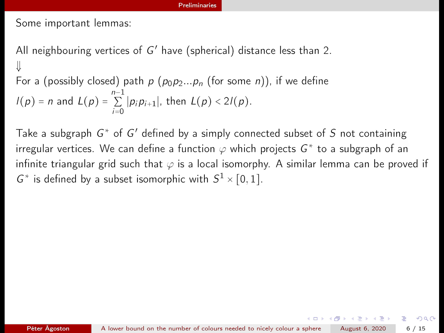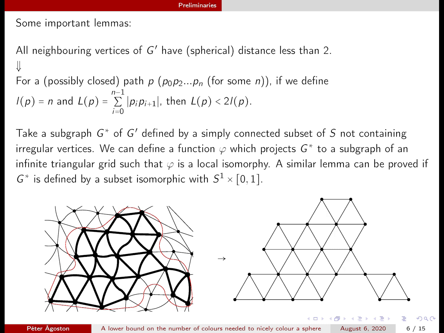Another lemma that will be used throughout the proof is that upon taking a simply connected subset of S and the subgraph of G' formed by the vertices and edges fully inside that, we can define a function phi that takes the subgraph to a subgraph of an infinite triangular grid. Also, we define it in a way that it will be a local isomorphy in some sense. 1.